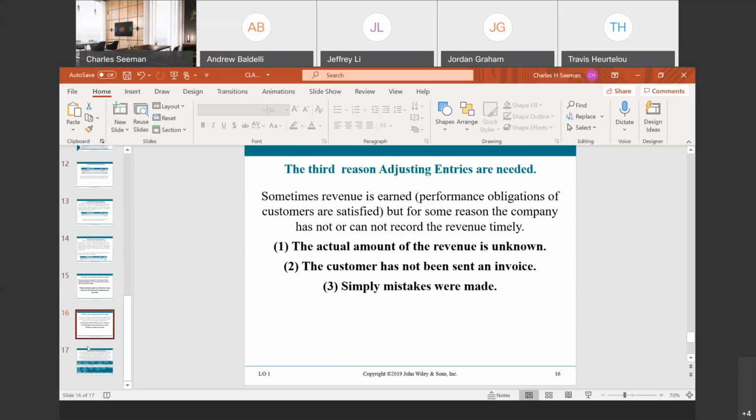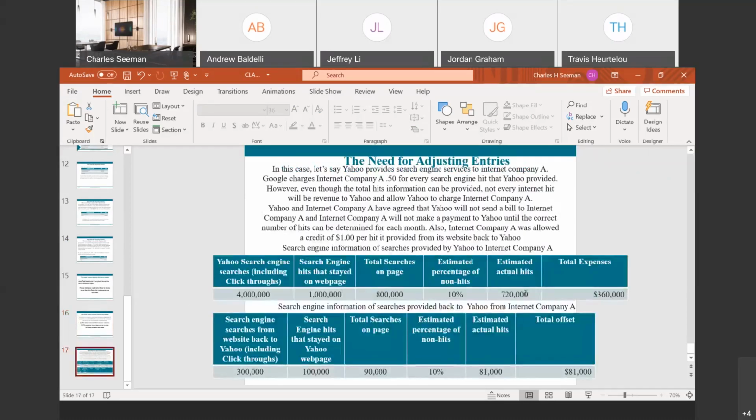Another example is this. You all know that Yahoo is a search engine, right? You all used Yahoo before. Well, they make their money by providing searches.